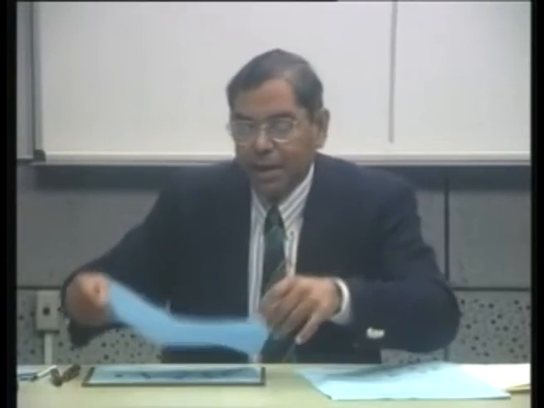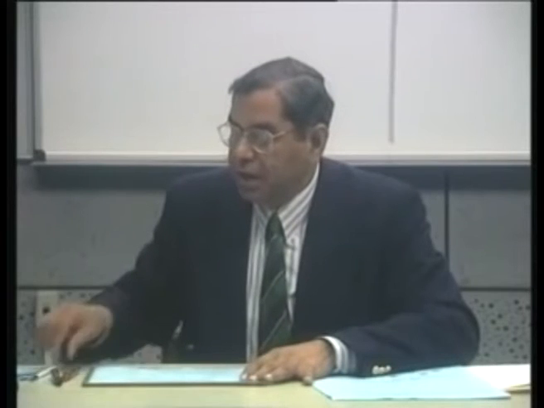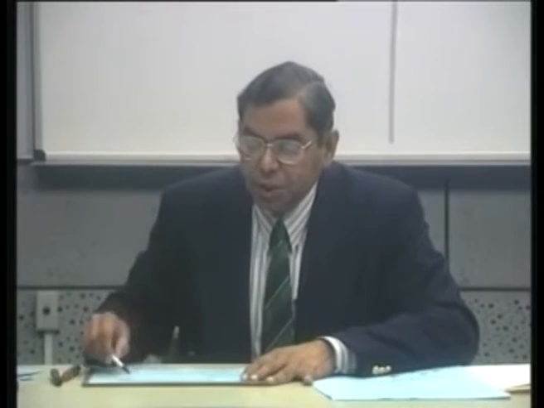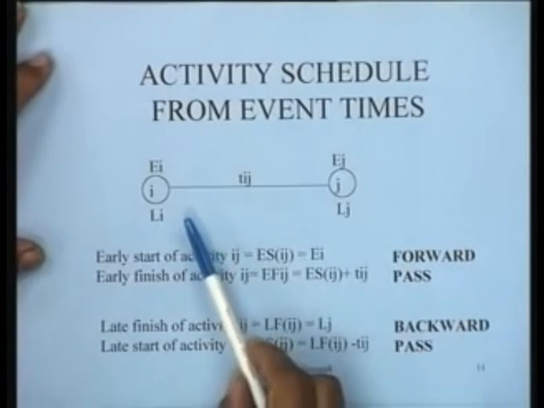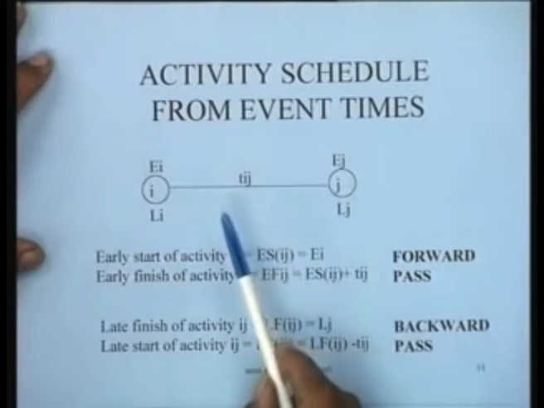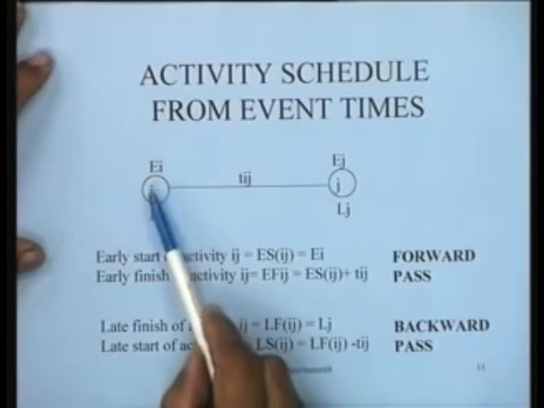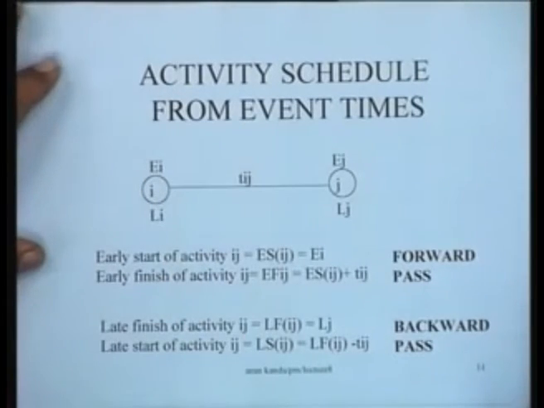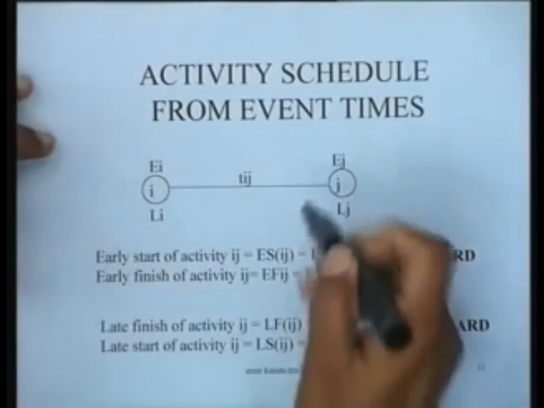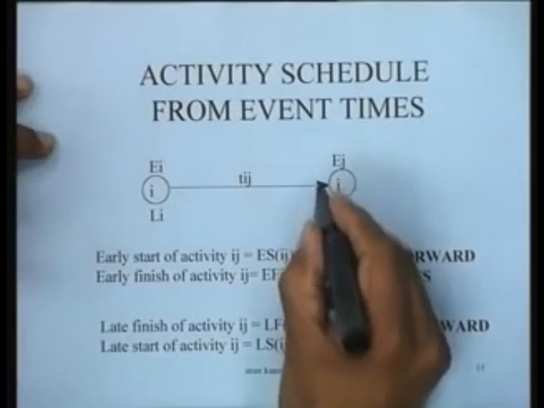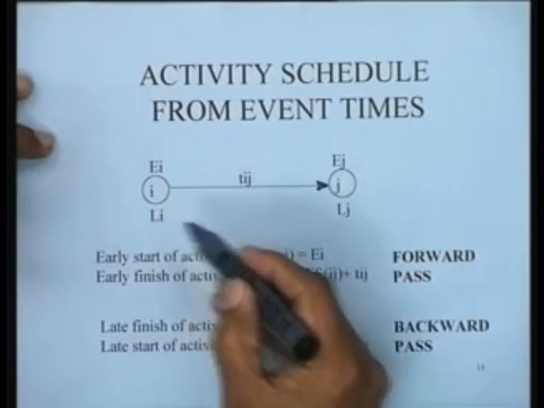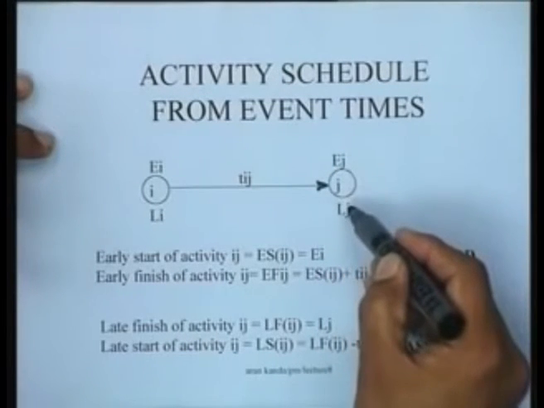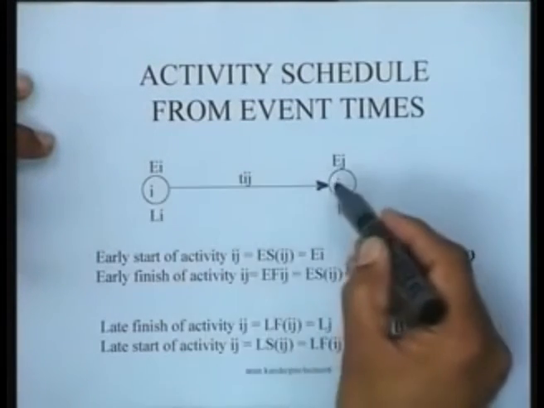The next step is we are interested in determining an activity schedule from the event times. So, the logic that we would have to use is simply that for each activity which goes from i to j, we have been able to determine the earliest occurrence time and the latest occurrence time of both the predecessor and the successor node.